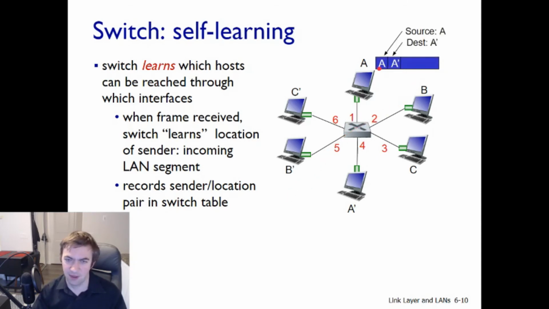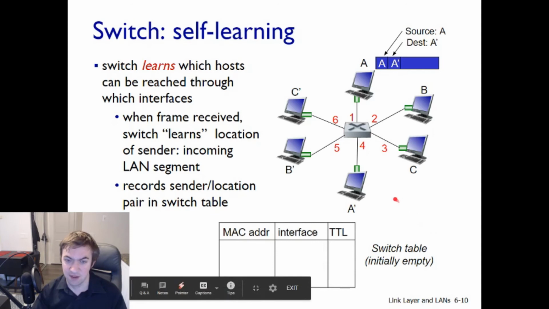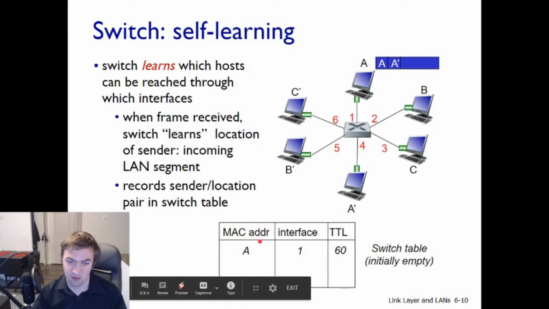Let's take, for example, a frame with a source of A and a destination of A apostrophe. The switch table, which initially starts out as empty, is immediately going to be updated once this frame gets sent out to say that the MAC address of A is what it is. It's coming from interface number 1, and the time to live is 60. Let's say 60 minutes, and then we'll get rid of that and need to update it.